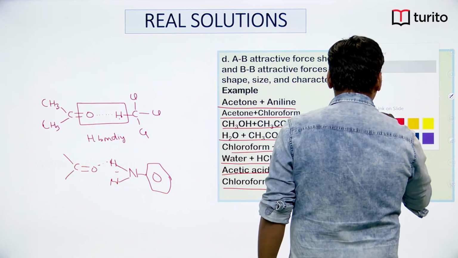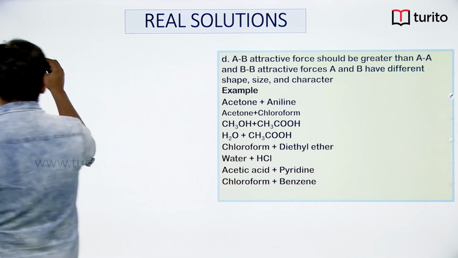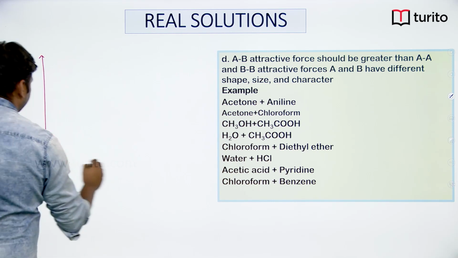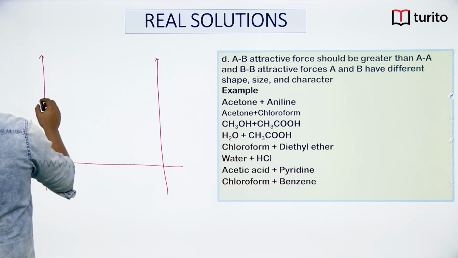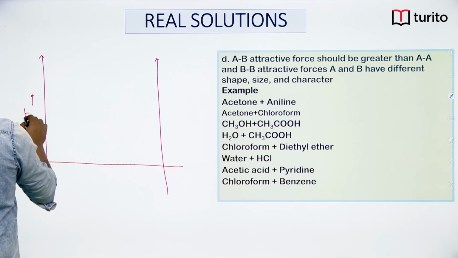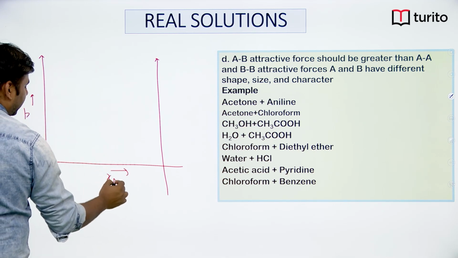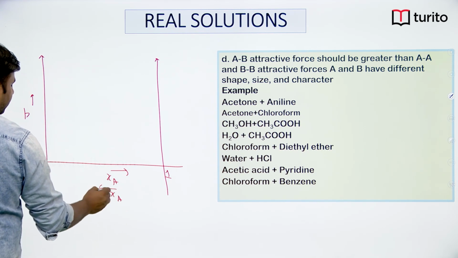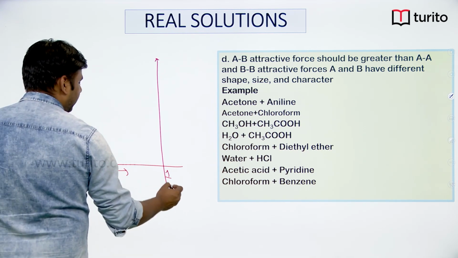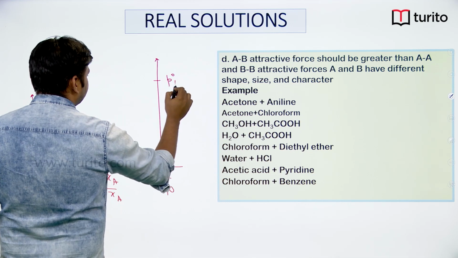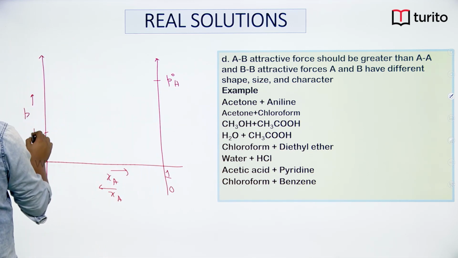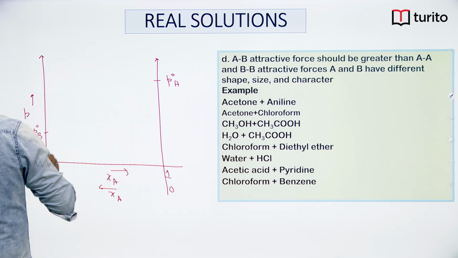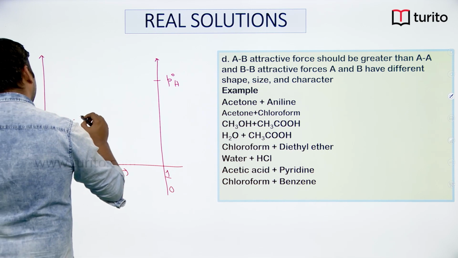So if you want to draw the graph, because the solution is showing negative deviation, we plot vapor pressure along with mole fraction on the x-axis. If we say the vapor pressure of A is more than that of B, that is, A is more volatile, Raoult's law was something like this.